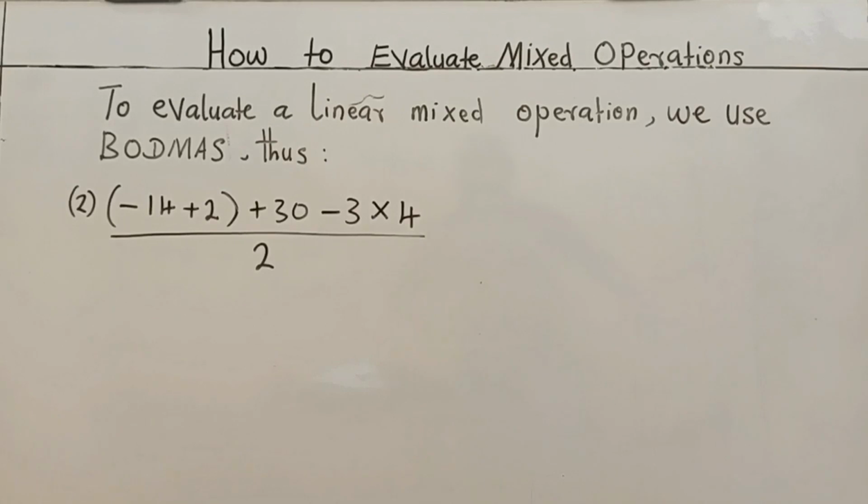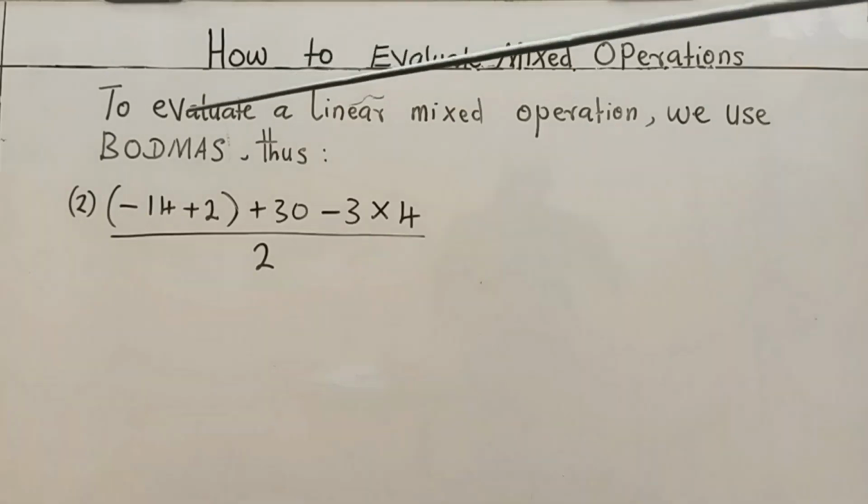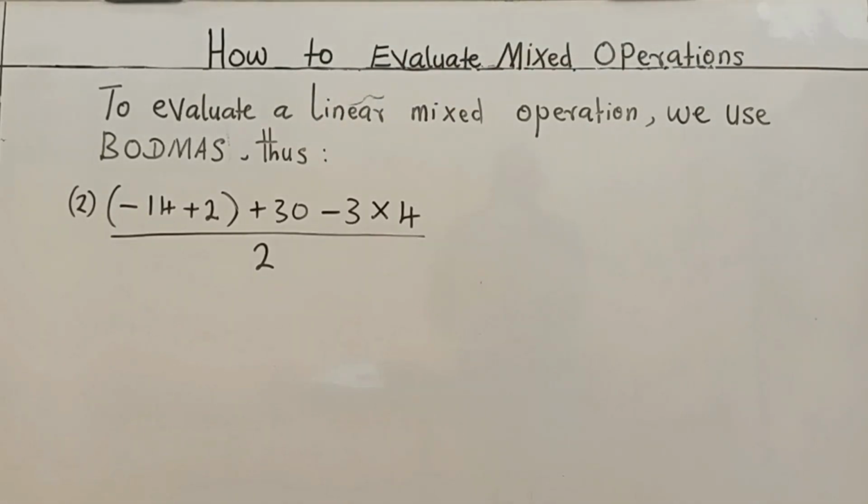And this is example 2. It looks almost like the first one, except that the divided by 2, which we had here at the end, is now applied to everything. Please, are we still going to apply BODMAS? Partly, yes. Where?